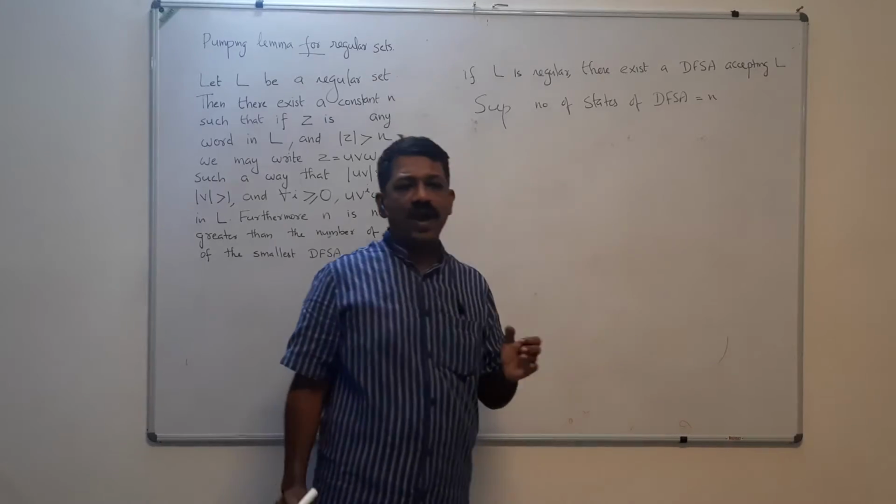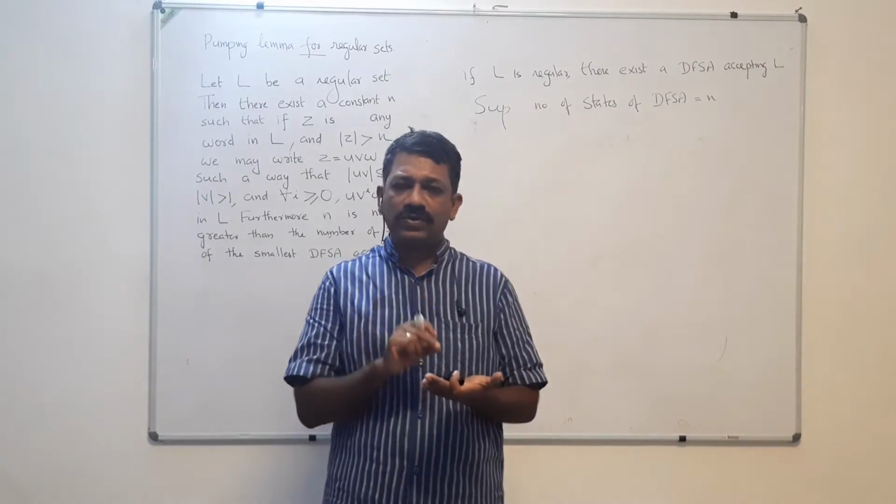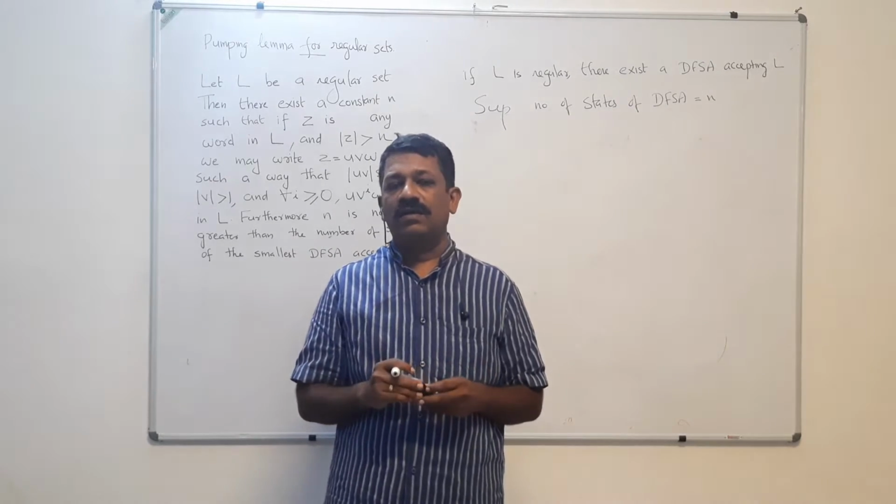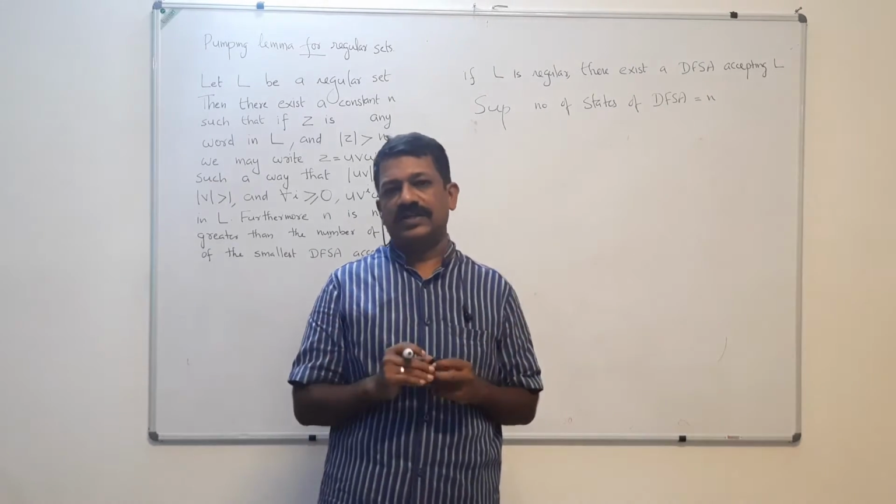That means you have Q0 as the start state, Q1, Q2, etc. up to Qn as the states.